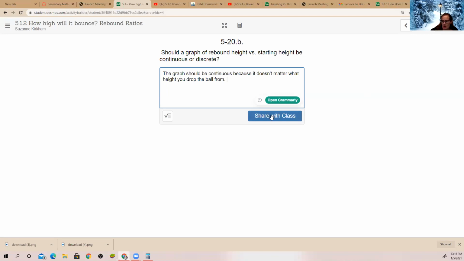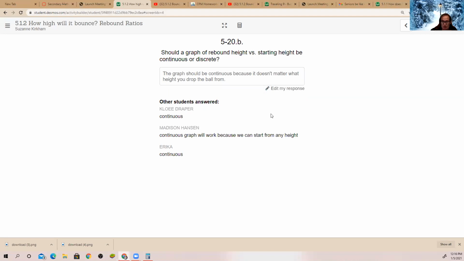And one thing you can think about is you can drop a ball from like 6.5 inches, or you can drop the ball from 36 inches or 25.25 inches.